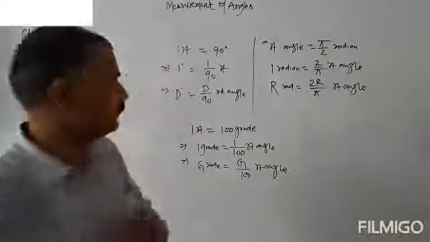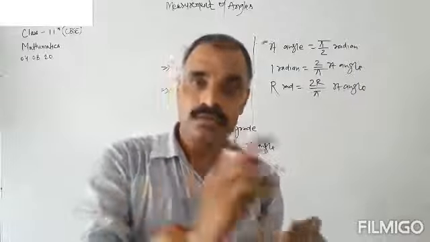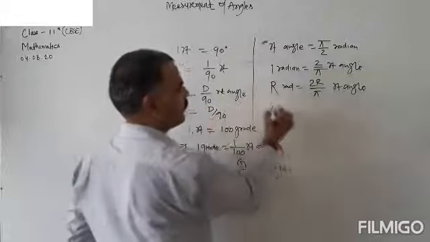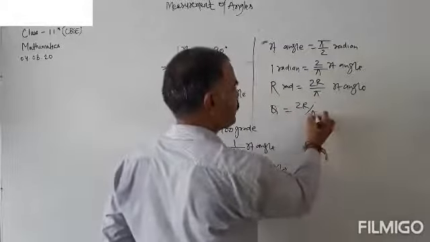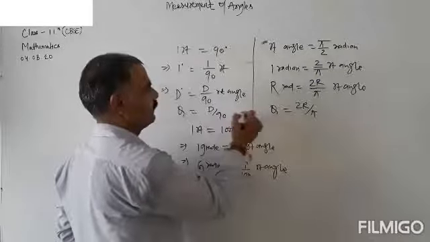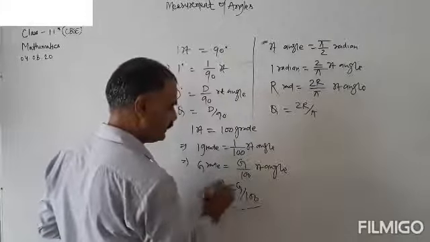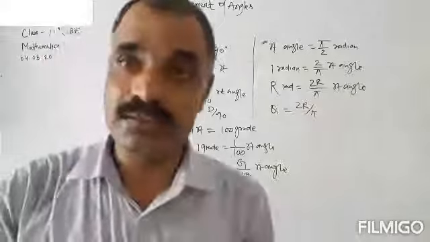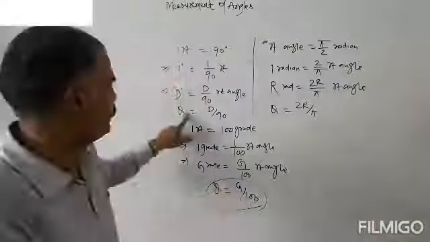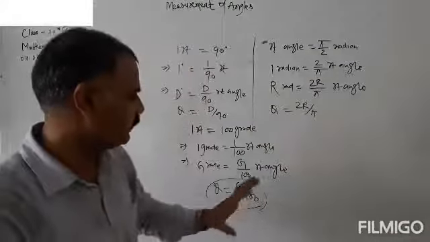So we have converted each unit into an angle. Theta is equal to d upon 90, theta is equal to 2r upon pi, and theta is equal to g upon 100.